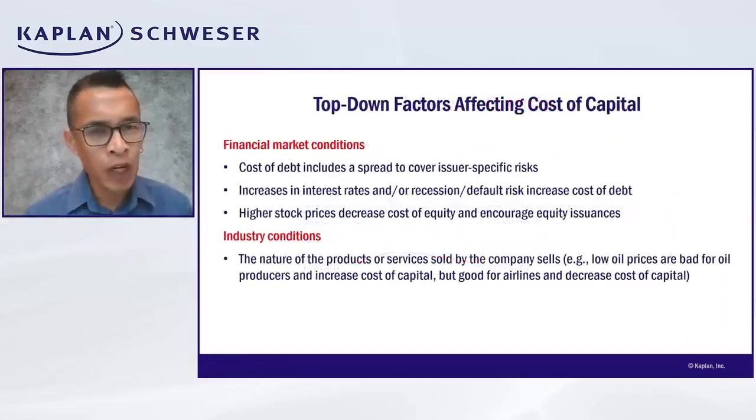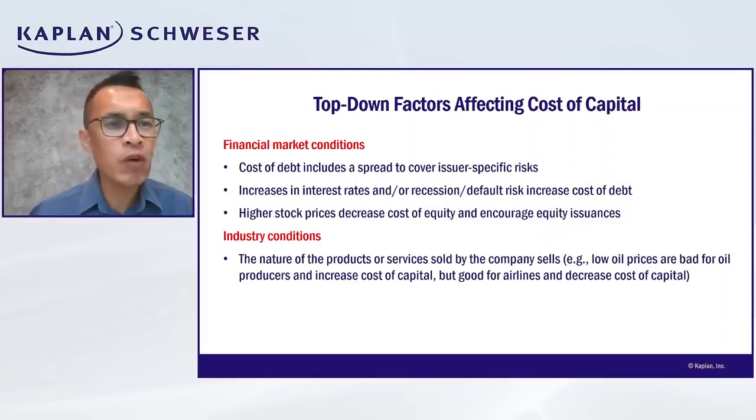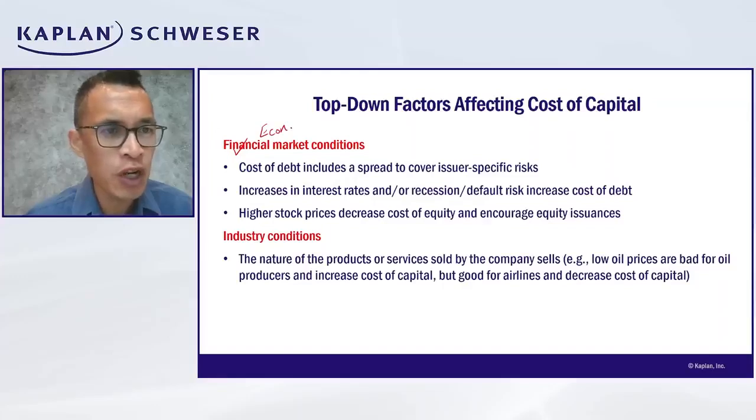In looking at macro factors impacting cost of capital, it is important to distinguish between the economic or financial market conditions versus the industry conditions, the industry in which the firm operates, because they have different impacts.